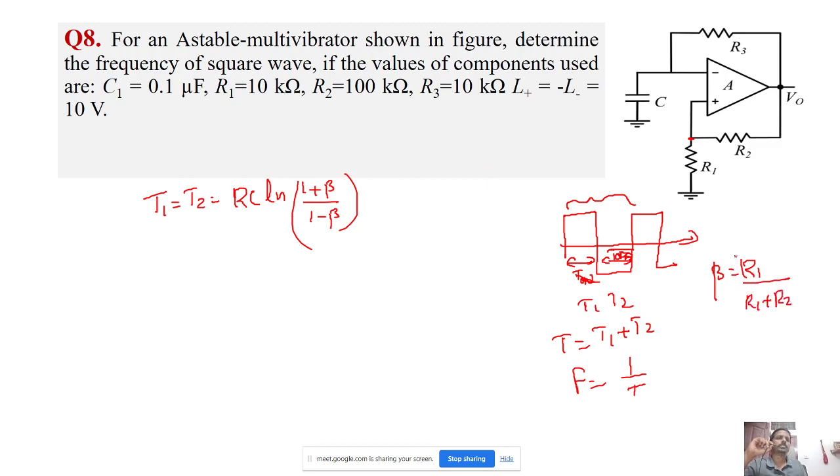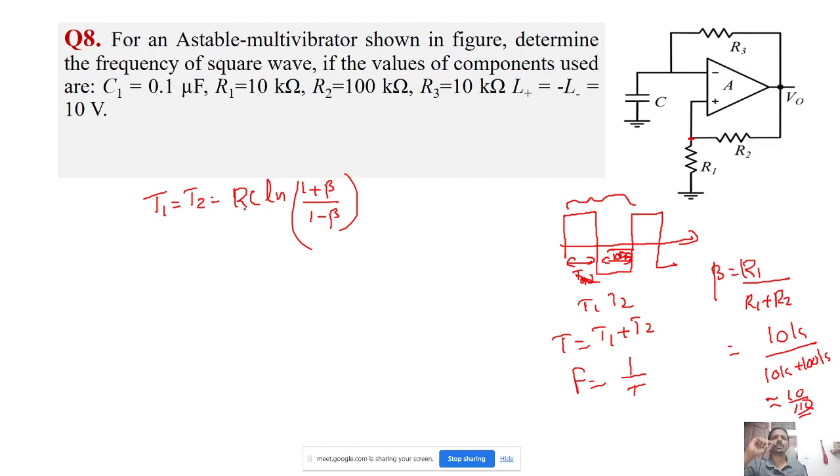Okay, so this is beta. R1 and R2 values are already given: R1 is 10k by 10k plus 100k, so I get a value here, 10 by 110. So I can substitute this value.